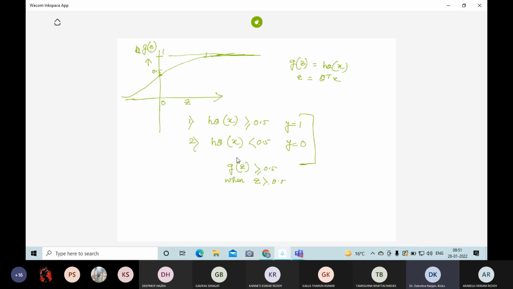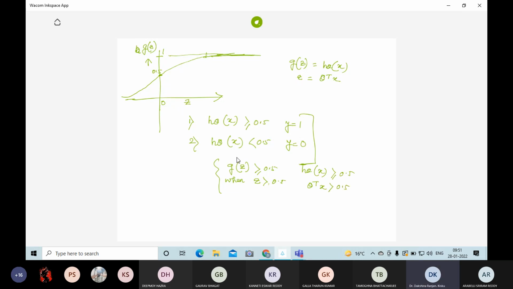From this observation we can decide h theta x will be greater than 0.5 when theta transpose x is greater than 0.5.